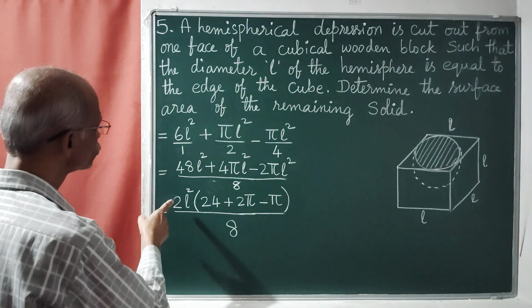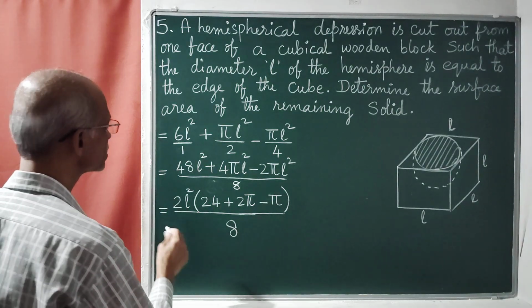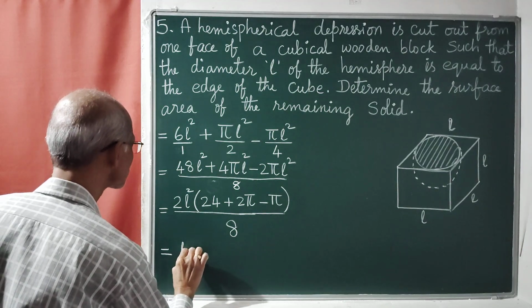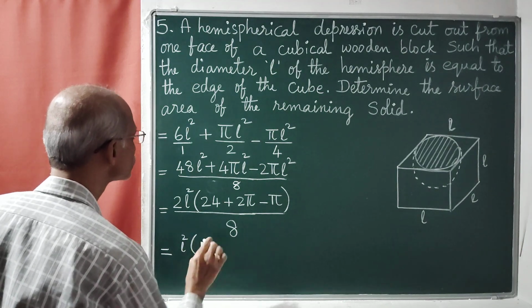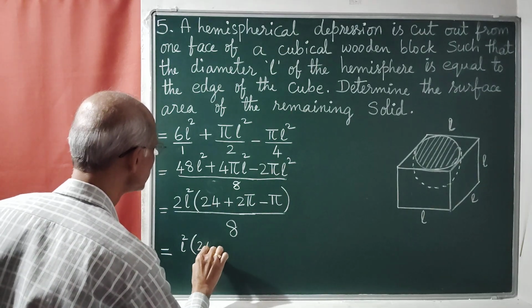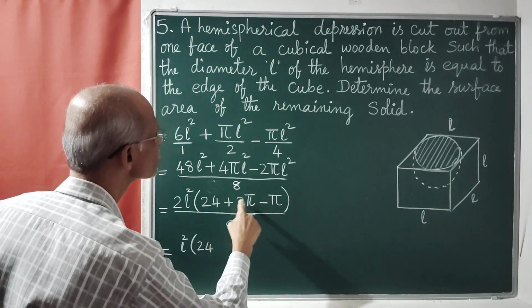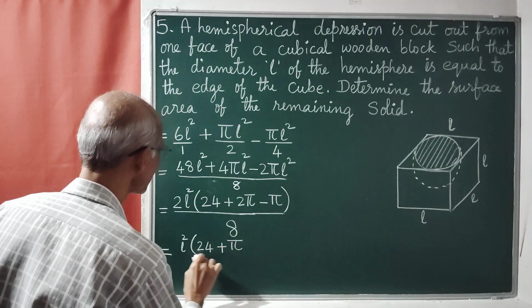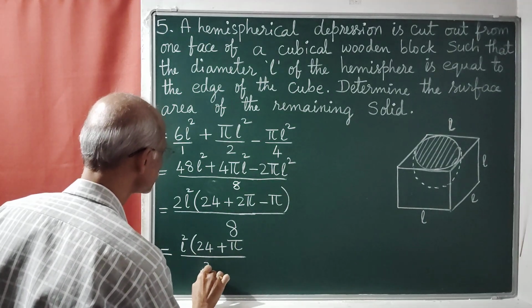So here 2 can divide it, so 2 will get cut there. We will get L square into 24. If we solve it, we will get plus pi by 2.